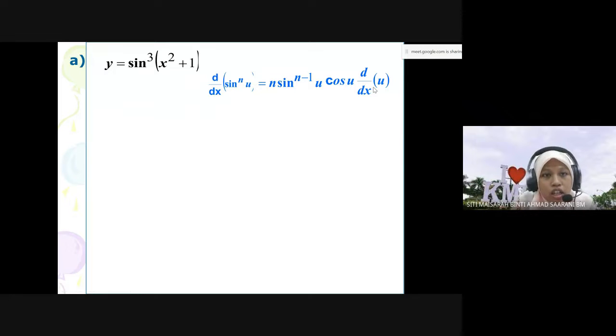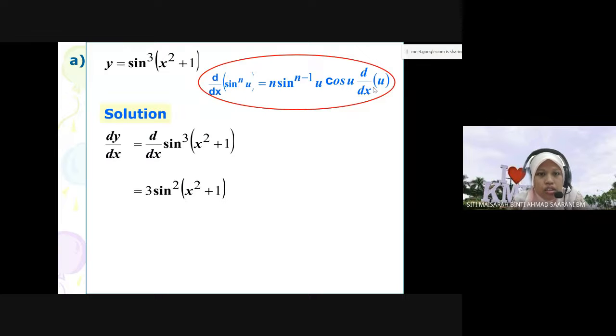Okay, kalau y equals sin cube x square plus 1, the first kita bawa kuasa 3 ke depan, it becomes 3, and then sin kuasa 3 tu tolak 1. So dia akan jadi sin kuasa 2 x square plus 1. Ini langkah pertama, 3 ni. Langkah kedua kita tolak kuasa dia, tolak 1.